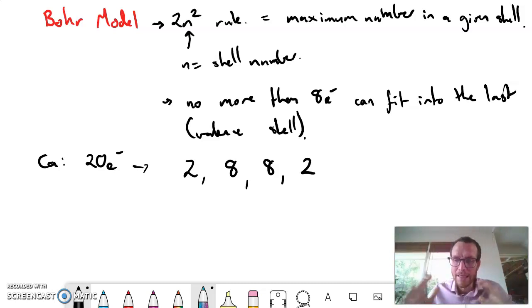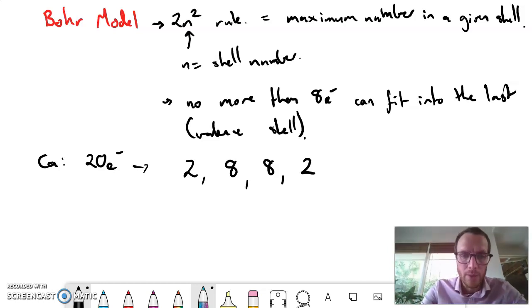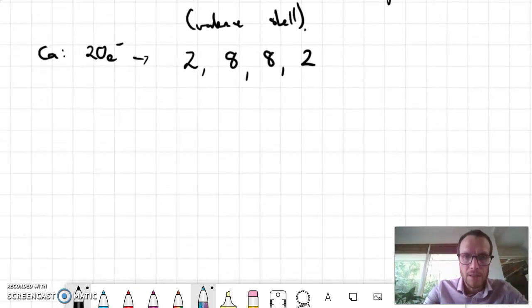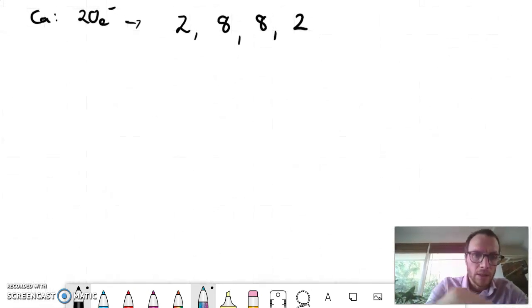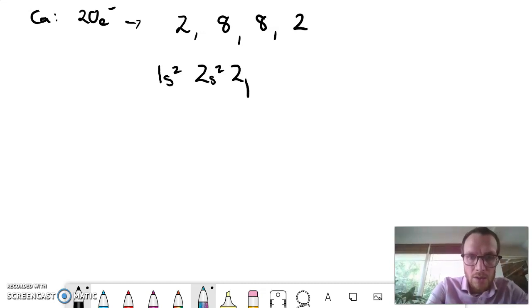So let's try and link this example with subshells. If we think about the subshell model of this, it goes 1s2, 2s2, 2p6, 3s2, 3p6, 4s2, right?